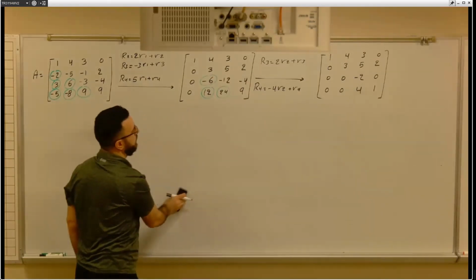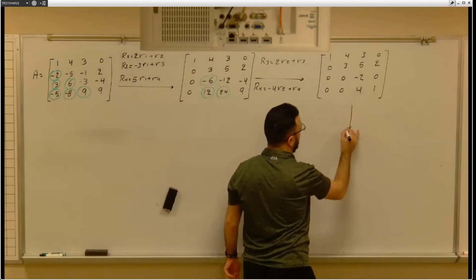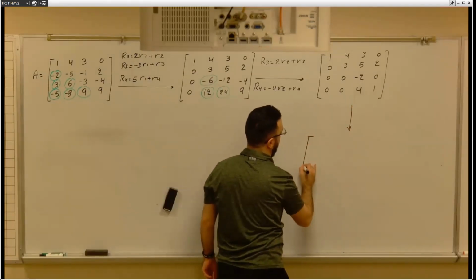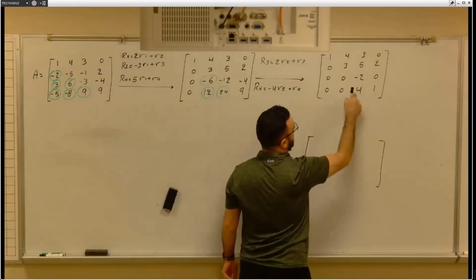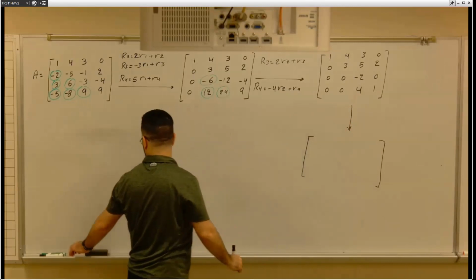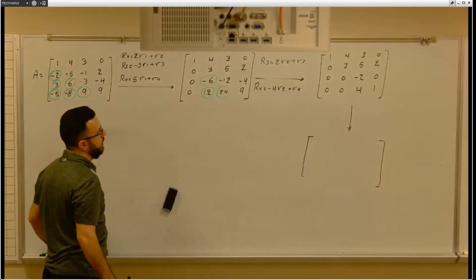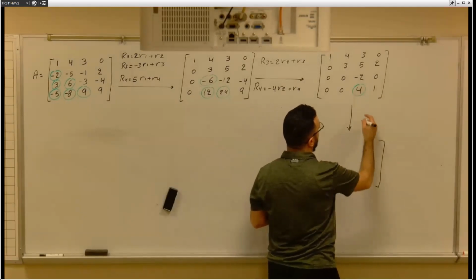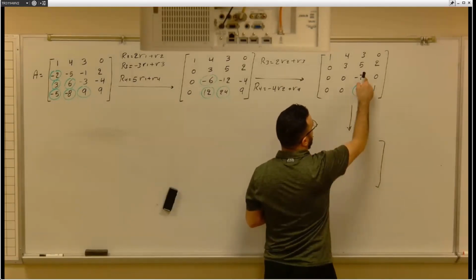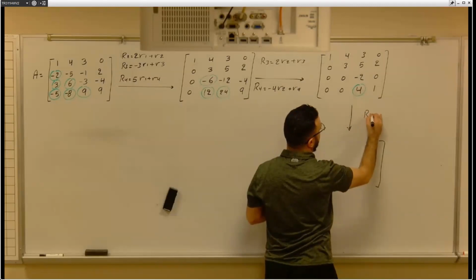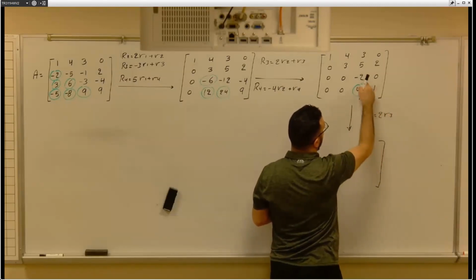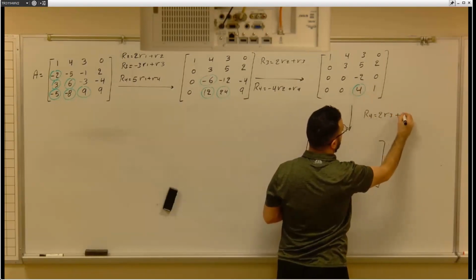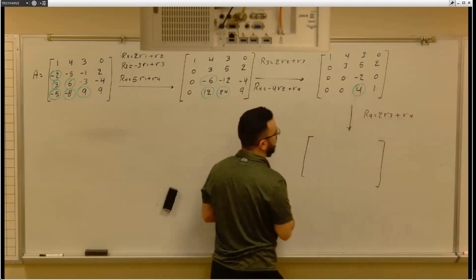One more step. The last step is to convert this number to 0. How are we going to convert this number to 0? I'm going to use diagonal -2. So I'm going to say R4 is going to be 2 times R3 and add R4. That's easy.